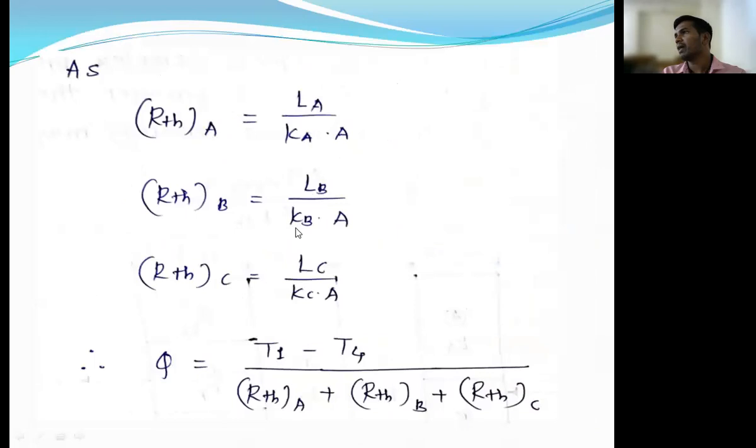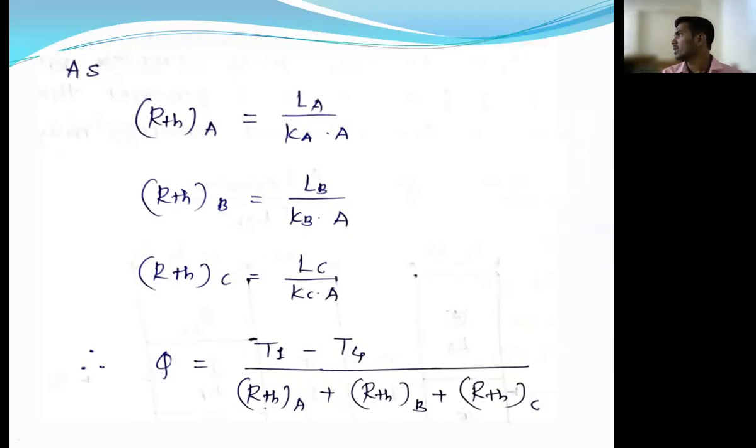Similarly, LB by KB into A, this is the thermal resistance of plate B. And similarly, thermal resistance of plate C is nothing but LC divided by KC into A. So in that form, we have written the equation as Q is equal to T1 minus T4 divided by thermal resistance of plate A plus thermal resistance of plate B plus thermal resistance of plate C. Okay.